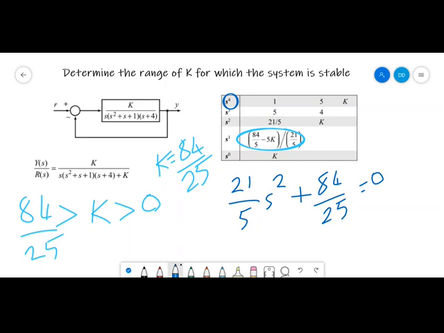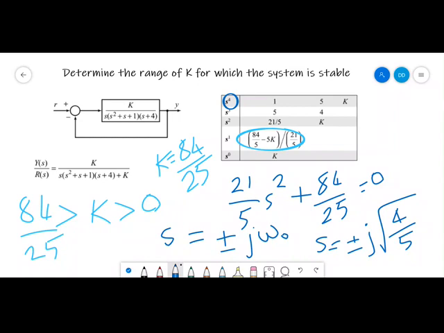This is your auxiliary equation. On simplification it gives s equal to plus or minus j root 4 by 5. It is of the form s equal to plus or minus j omega naught, where omega naught is our frequency. On comparing, omega naught is equal to root 4 by 5 radians per second. So the sustained oscillation frequency is root 4 by 5 radians per second.